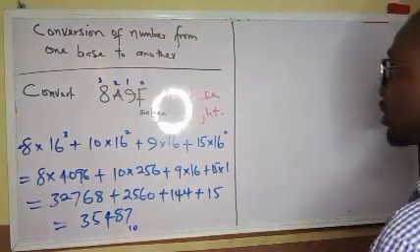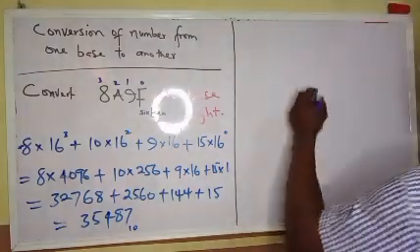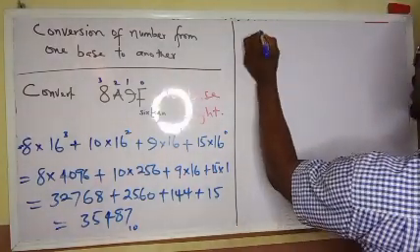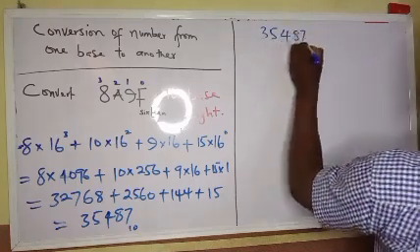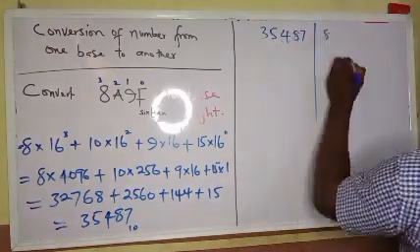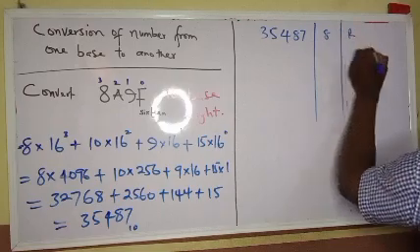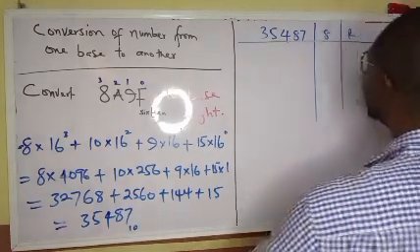So how do we convert it to base 8 from base 10? Of course, we are going to use our division method. That is 35,487 divided by 8, and we put the remainder here.